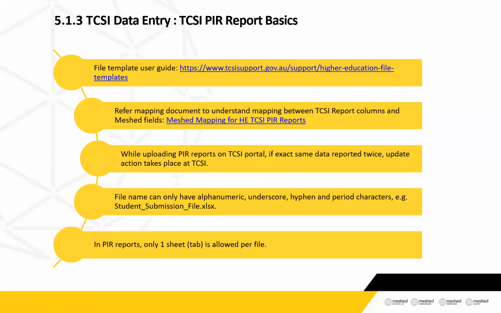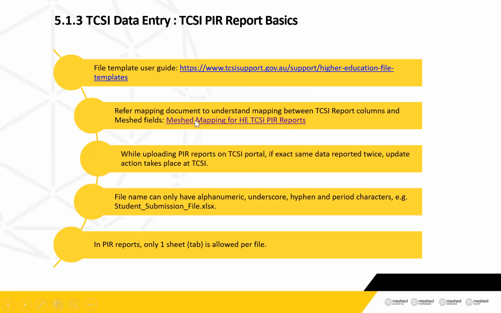Now let's understand a few basics of these TCSI PIR reports. If you want to dig in more about what this report is and what each element means, you can go to this link where TCSI has provided detailed information and a user guide on these reports. From our side, we have also created a mapping document.